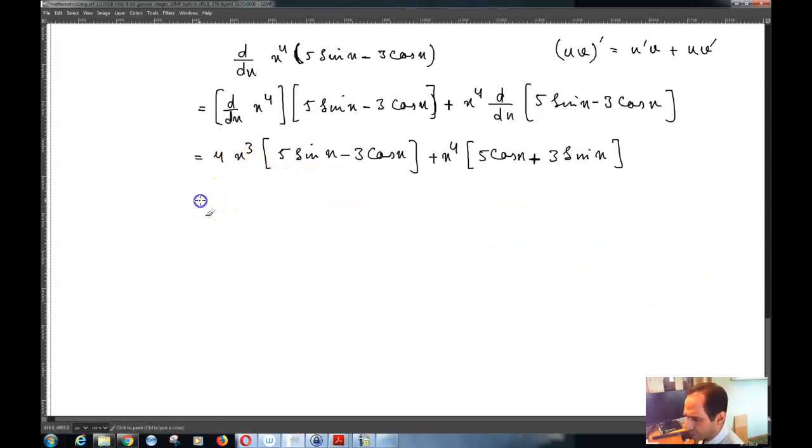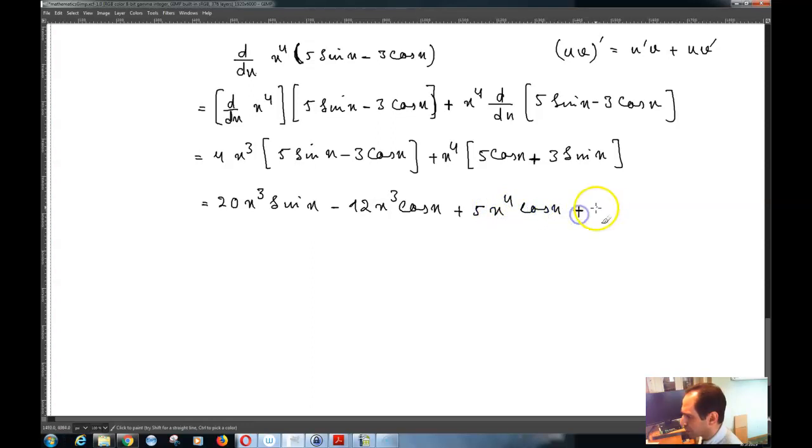So you can write this as 4 times x cubed times 5, it's 20 times x cubed sine x minus 12 times x cubed times cos x plus 5 times x raised to the power 4 times cos x plus 3 times x raised to the power 4 sine x.